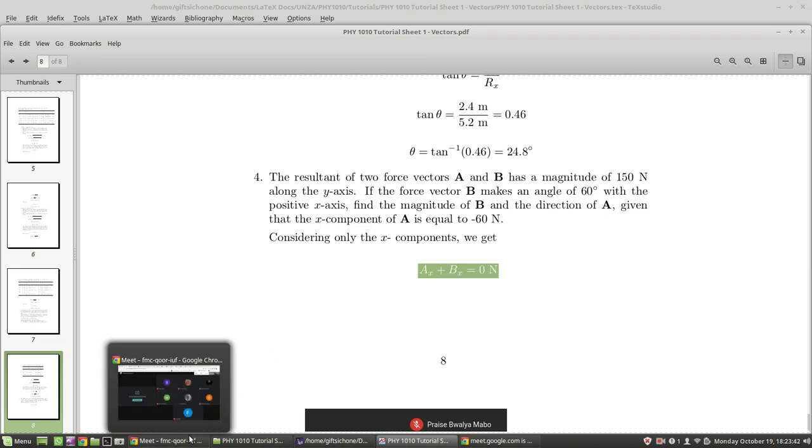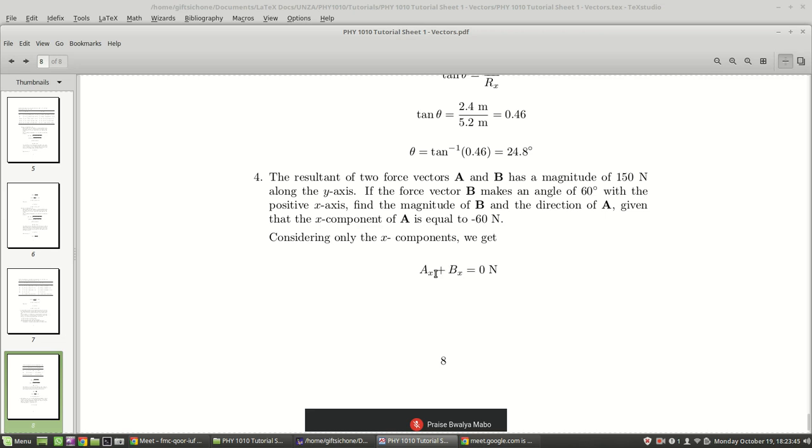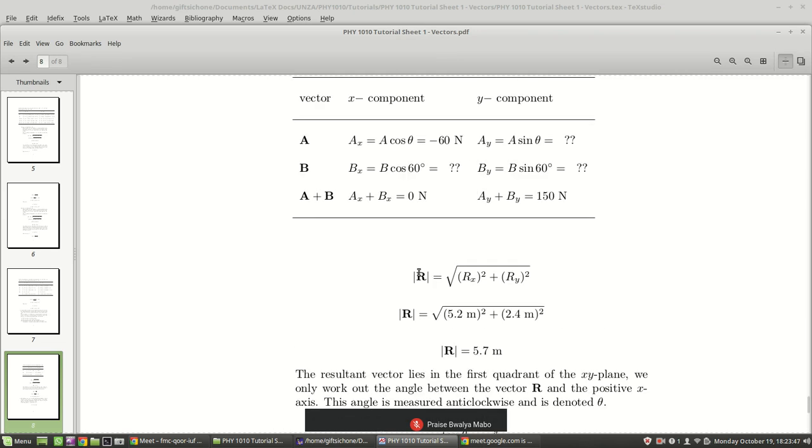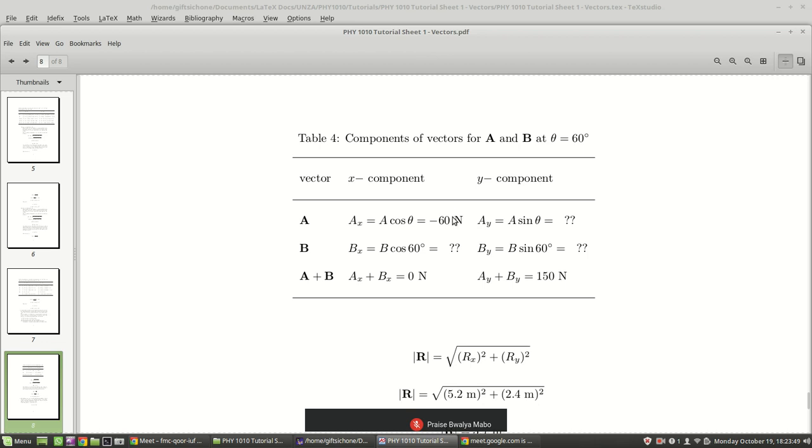Yes. Okay, now we substitute in place of Ax. We have the Ax from the table. Ax is how much? Negative 60 newtons. Yes.